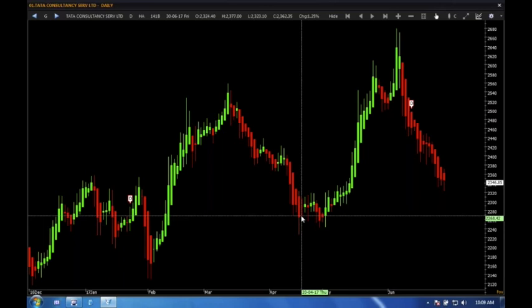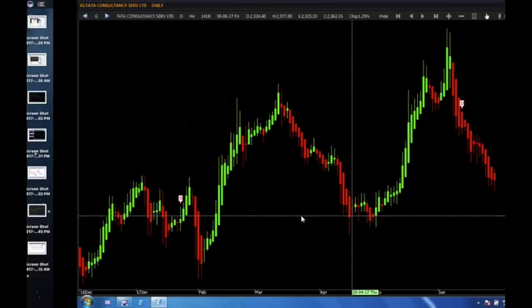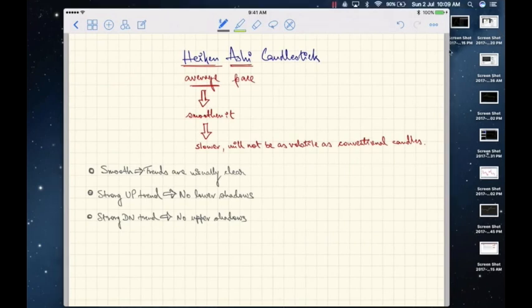Now, bullish Harami pattern, bearish Harami pattern, hammers, hanging man, engulfing, etc. The patterns that we did yesterday, neither of these patterns will work over here. Heikin Ashi does not work on those patterns.